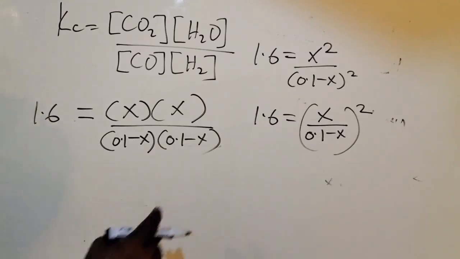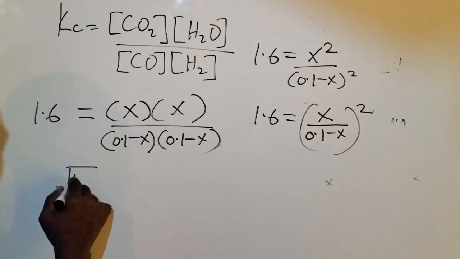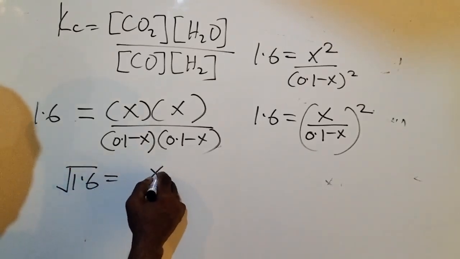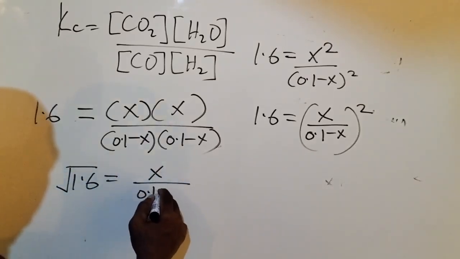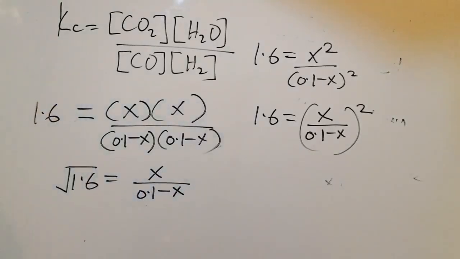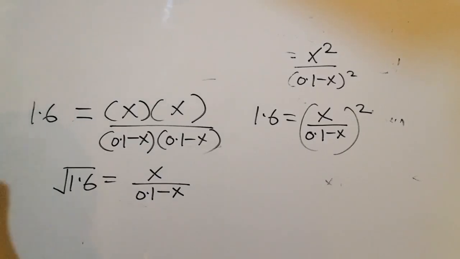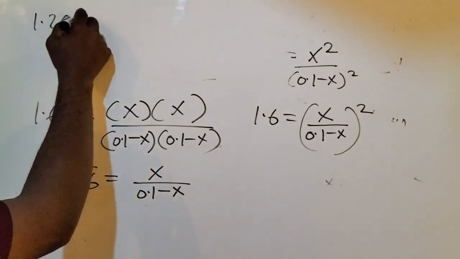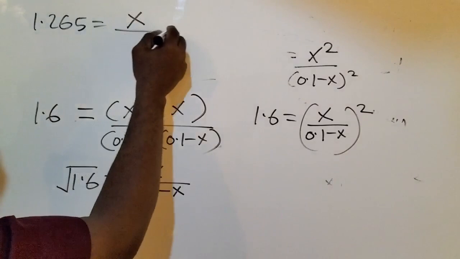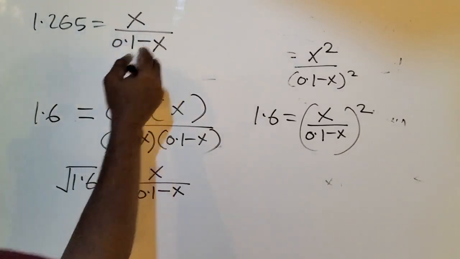We now have the square root of 1.6 equal to S all over 0.1 minus S. The square root of 1.6 gives us 1.265. So we now have 1.265 equal to S all over 0.1 minus S.